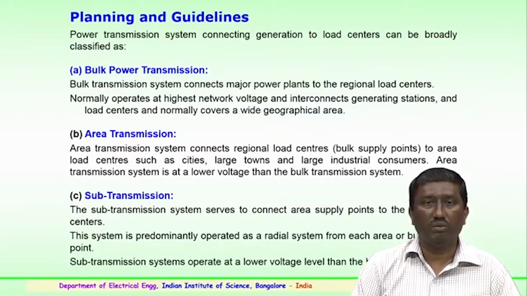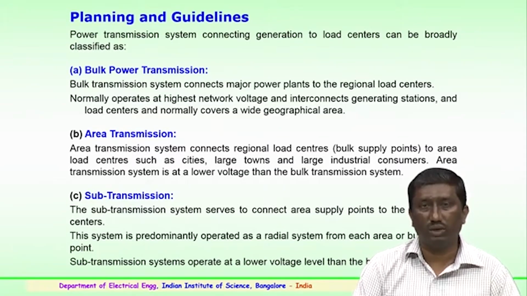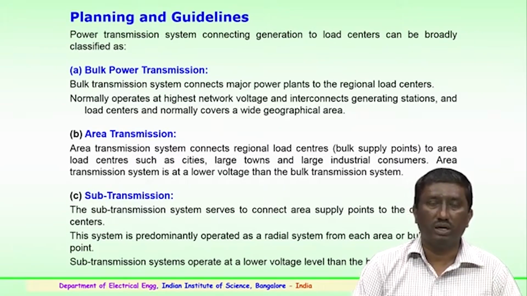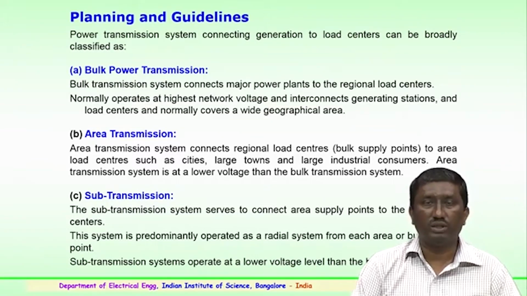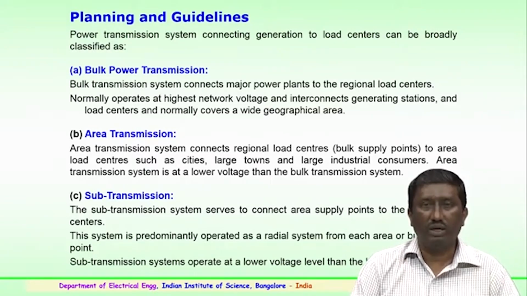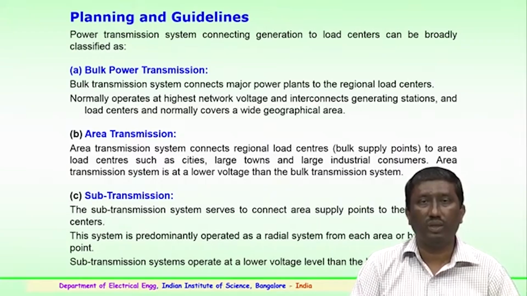Bulk power transmission normally operates at the highest network voltage, extra high or ultra high voltage levels, and it interconnects the generating stations and the load centers, normally covering a very wide geographical area, some few states, or a region.